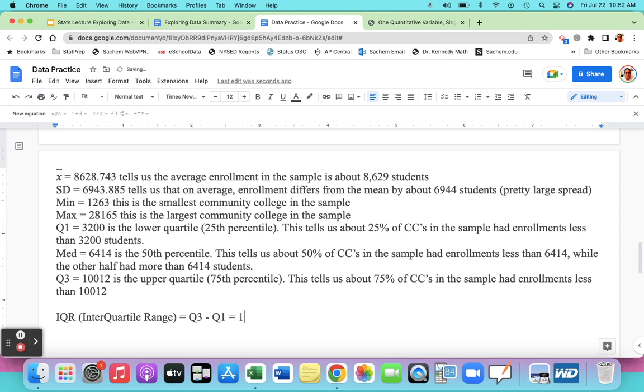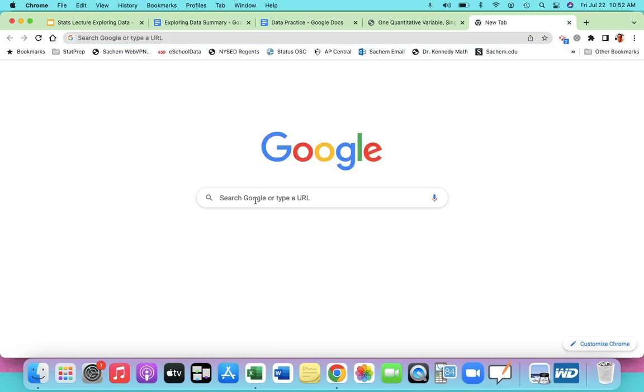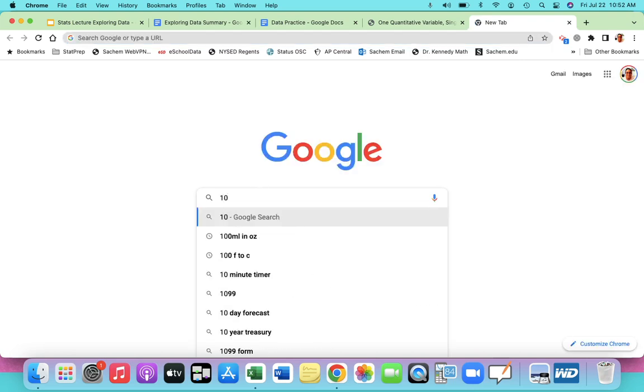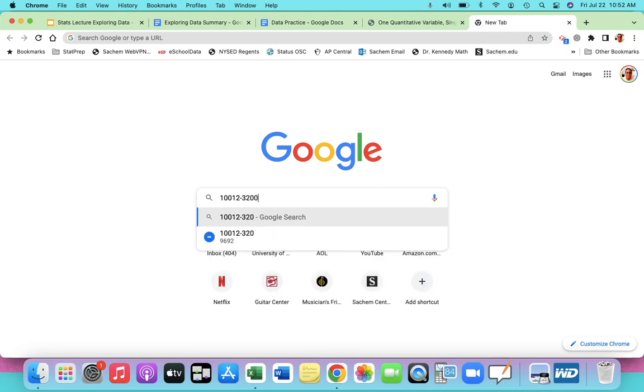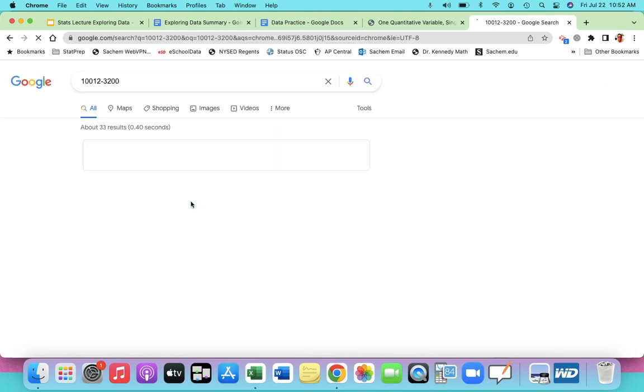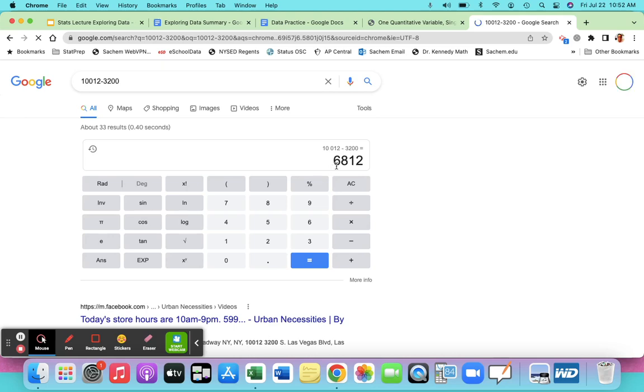So that's going to be 10,012 minus 3,200, which equals, I'm going to go to my favorite calculator, which is Google. 10,012 minus 3,200, hit enter, and Google is a calculator. You didn't know that. 6812.